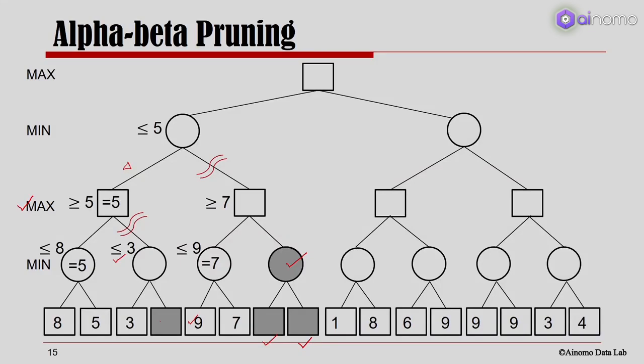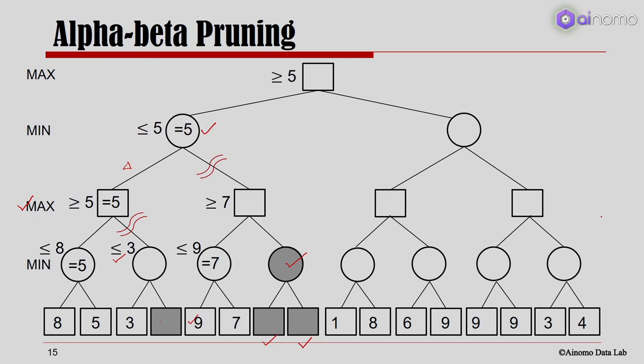Now once we have that value and this right side of the subtree is not there, we can back up this value here as 5, and once that value is 5, the max node has a value here which is greater than or equal to 5.